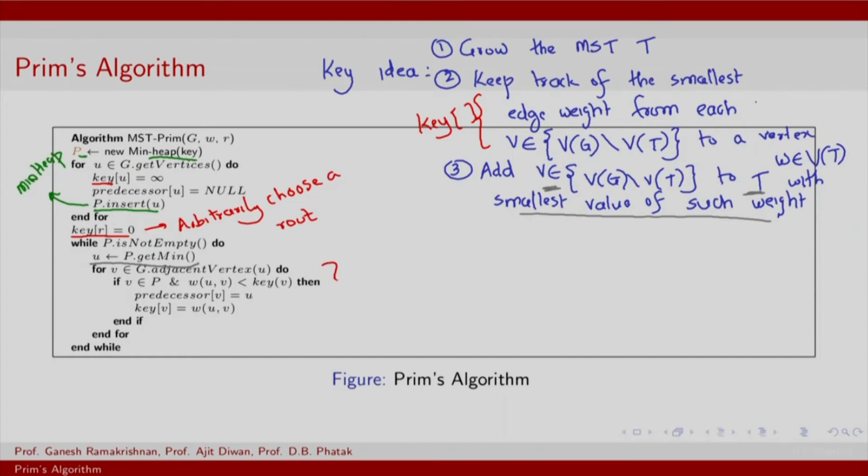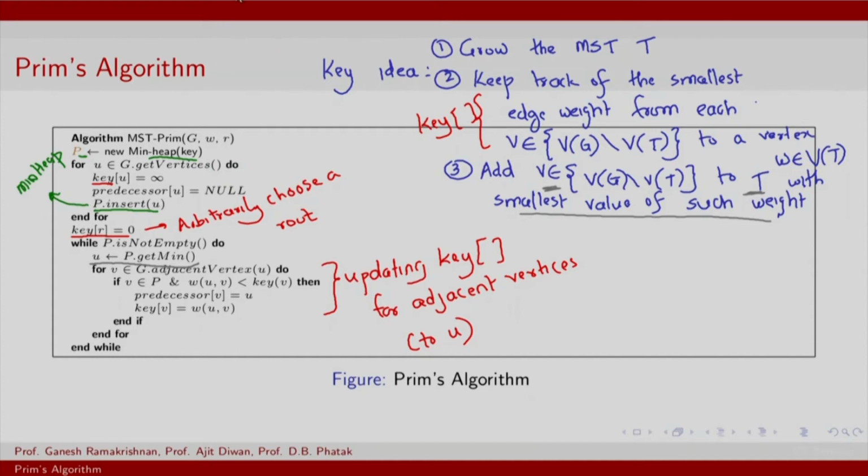So this step, which iterates over all the adjacent vertices, basically corresponds to the step of updating the key array, and this is done for adjacent vertices to it.